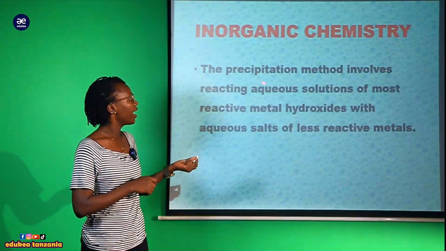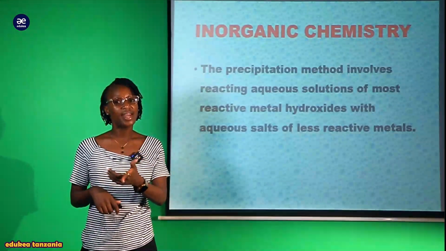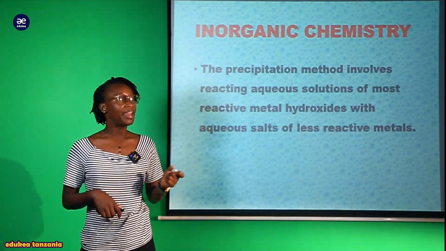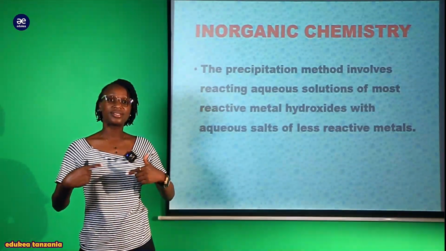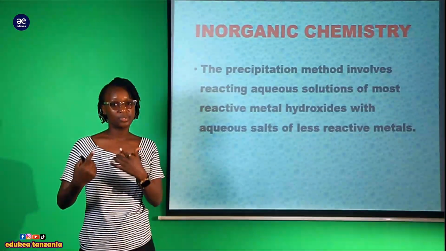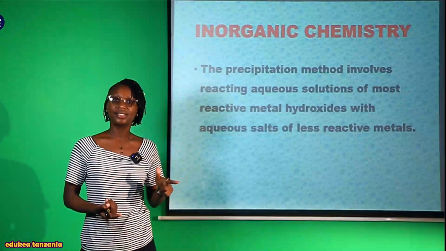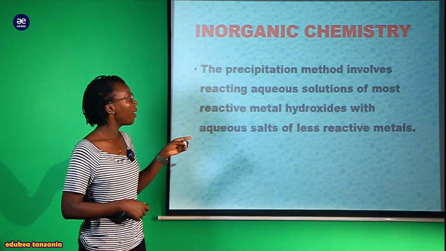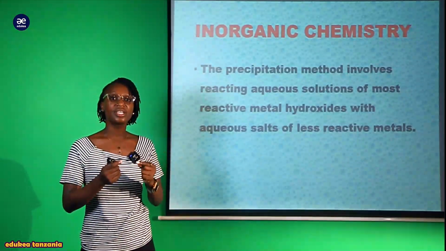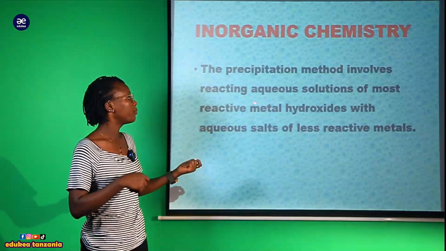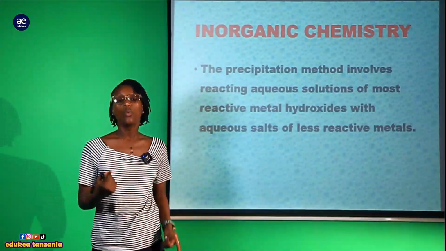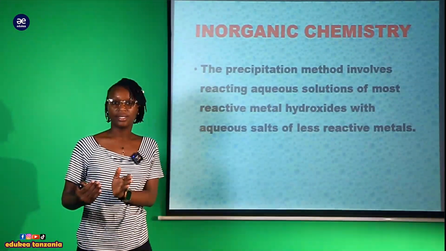Kumbuka tunapoongelea hii precipitation method tunaongelea indirect method. Ina maana hili ni jina lake nyingine. Kwa hiyo tutakuwa tunatembea na precipitation method, at the same time wewe kwenye kichwa chako unajua hii sasa ni indirect method. Anasema kwamba inahusisha reaction kati ya aqueous solution of the most reactive metal hydroxide with those less one.